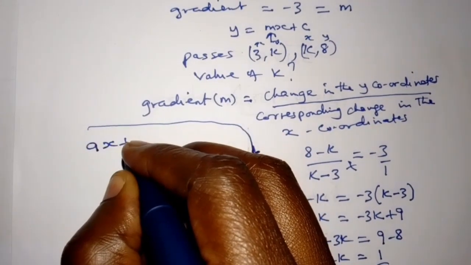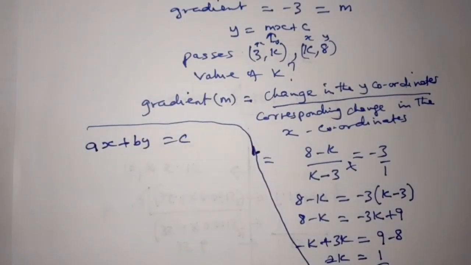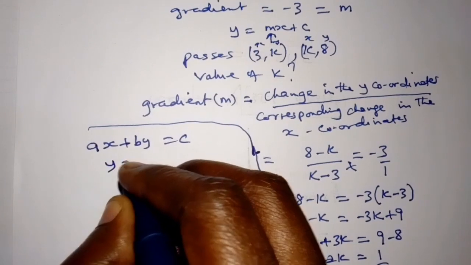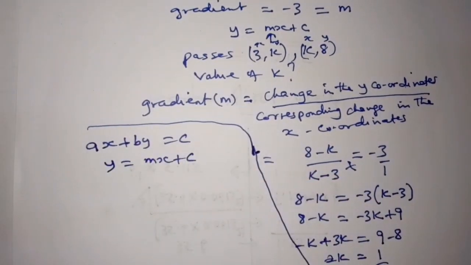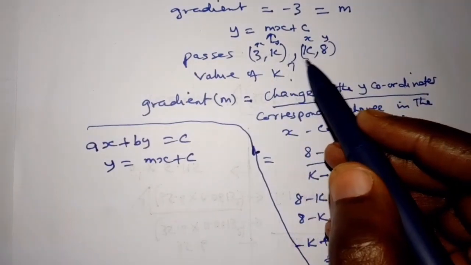We already know that the equation of a straight line is given by y is equal to mx plus c, and the coordinates which we were given are (3, k) and (k, 8).